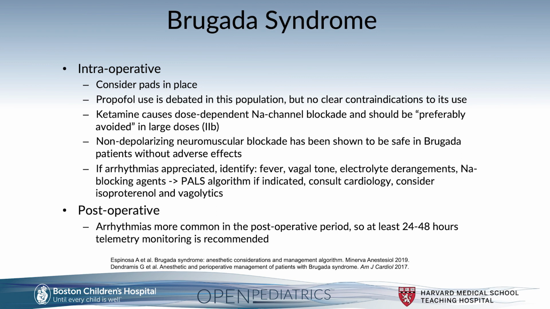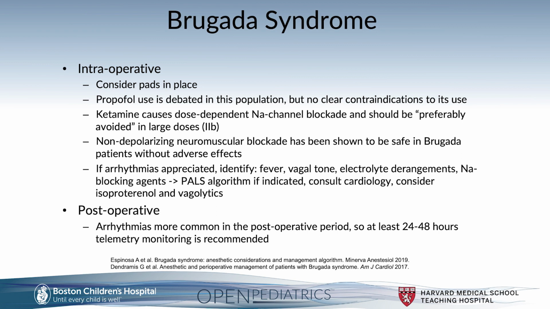If arrhythmias do present intraoperatively, it's very important to identify certain things. Most importantly, the presence of hyperthermic states or fever, and controlling those states to allow a patient to be either normothermic or slightly hypothermic, as we know that fever is a very common inciting trigger for arrhythmias in Brugada syndrome.